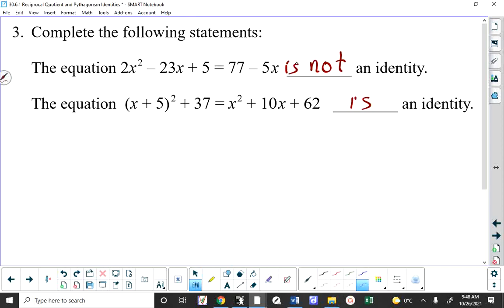And the second one is an identity because we've proved it. If you expand out the left-hand side, you see that it's just disguised differently than the right-hand side, but it's the same thing. It just has a different mask on.